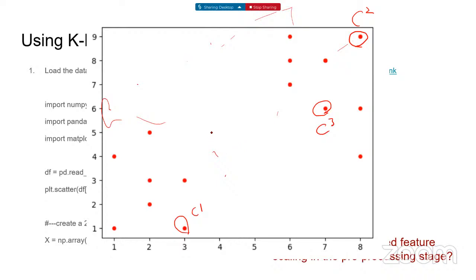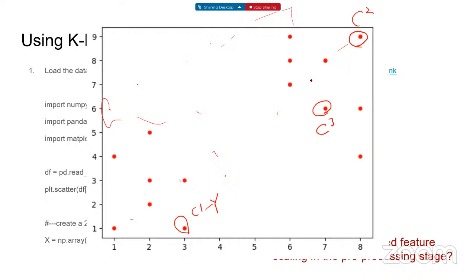And then what's the next step? Assuming we have these three centroids now, the next step is to classify these dots. All of these are closer to the first centroid. If we say yellow, all these will be yellow dots.